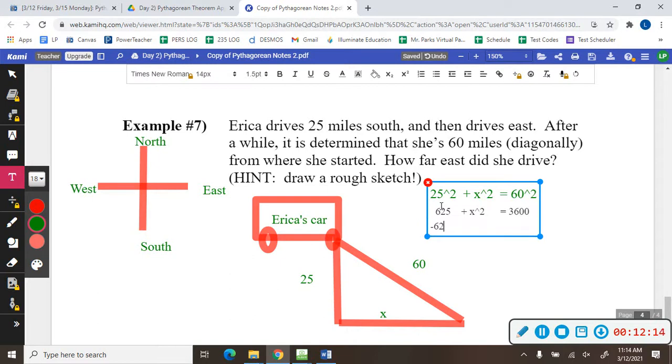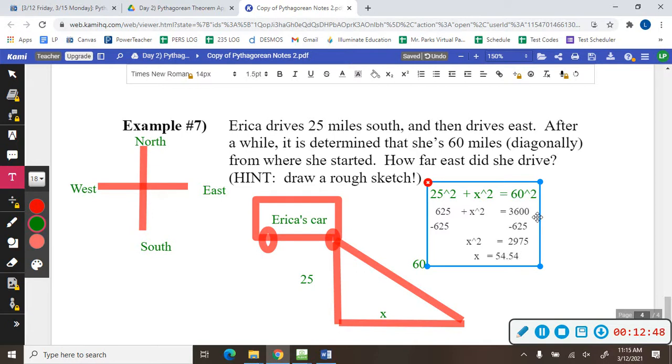Subtract off 625 on both sides. And I get x squared, 3,600 minus 625, 2975. Take the square root. And I get 54.54.